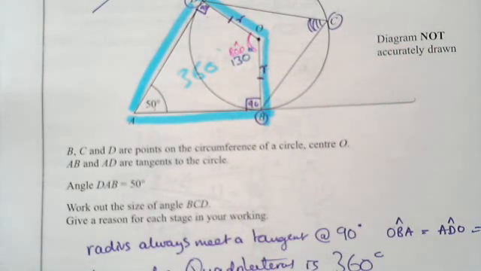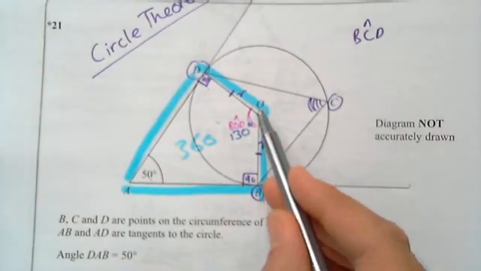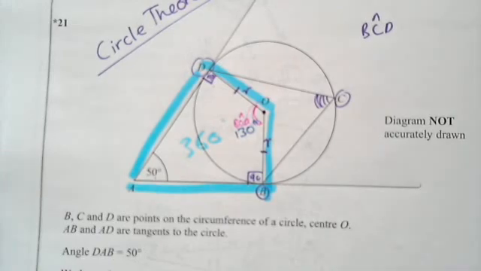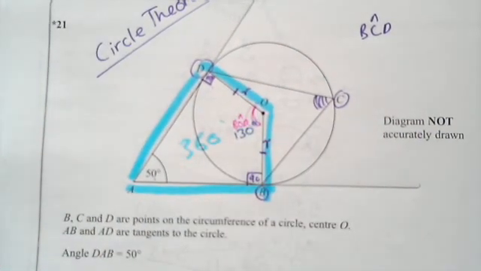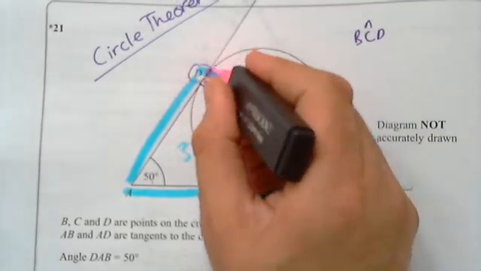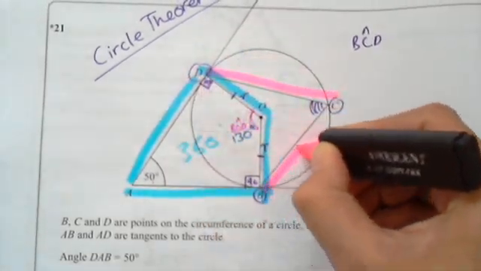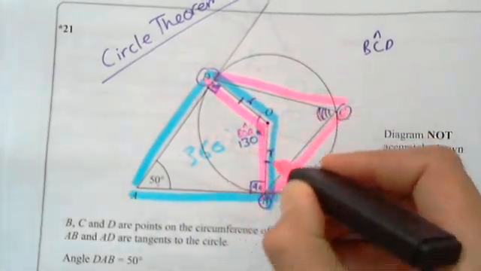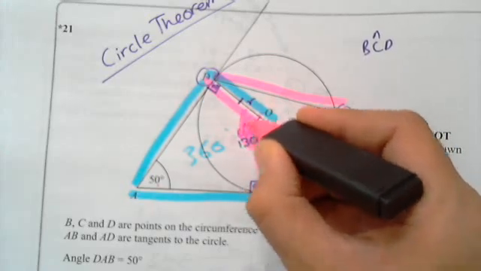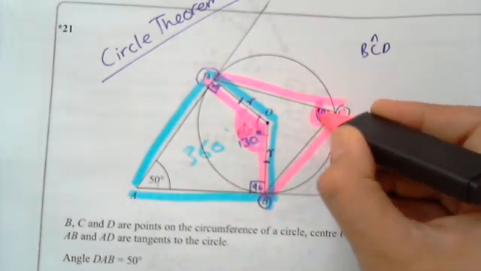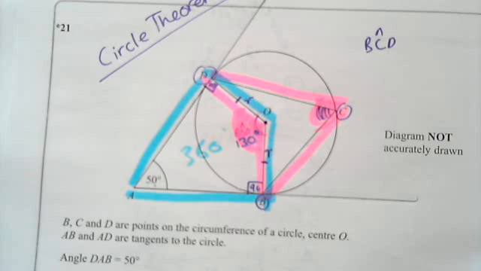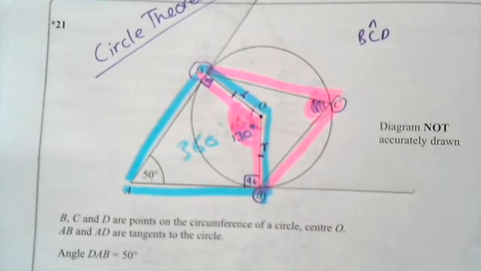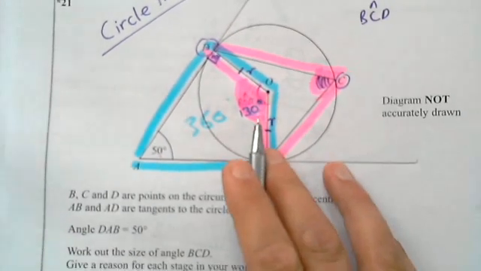Now there's a theorem that links this angle with that angle because of this other shape we have here. This one's called the alternate segment theorem.